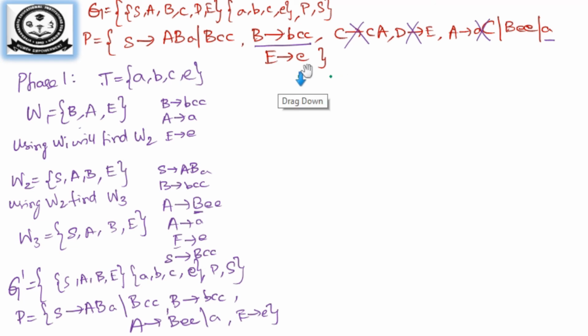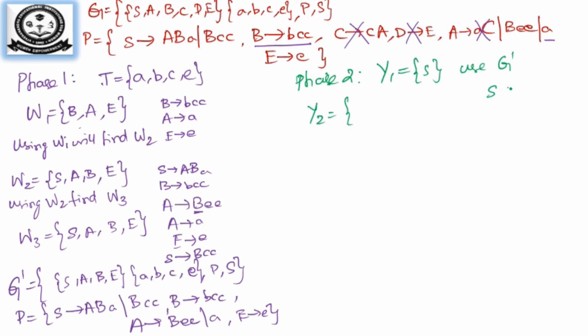So we will see phase 2: which are the non-terminal symbols and terminal symbols that can be derived from the starting symbol. So Y1 is going to be equal to S. Using G dash grammar, I am going to find Y2, which are the terminals and non-terminal symbols that can be derived from S. First, S tends to ABA, so you will have S and A and B and the terminal a.